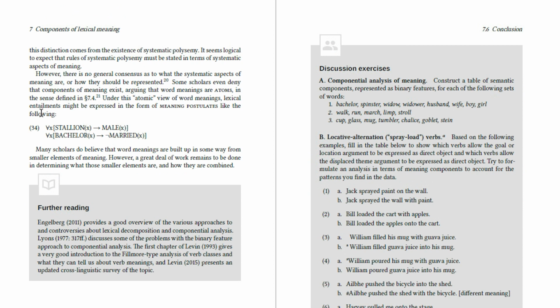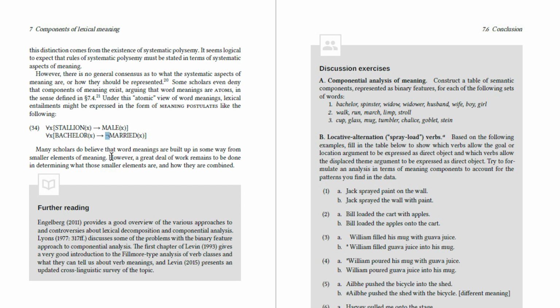And finally, when we look at the example here, we have the systematic aspects of meaning and how they should be represented. Some of them are represented like this: stallion is male; bachelor is unmarried. How do they show the unmarried? There is a sign before married which looks like pointing down, so bachelor is against married.